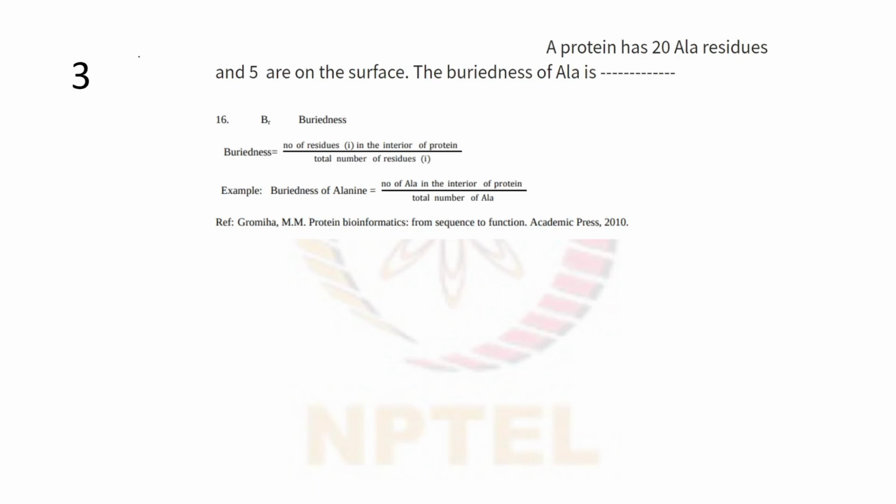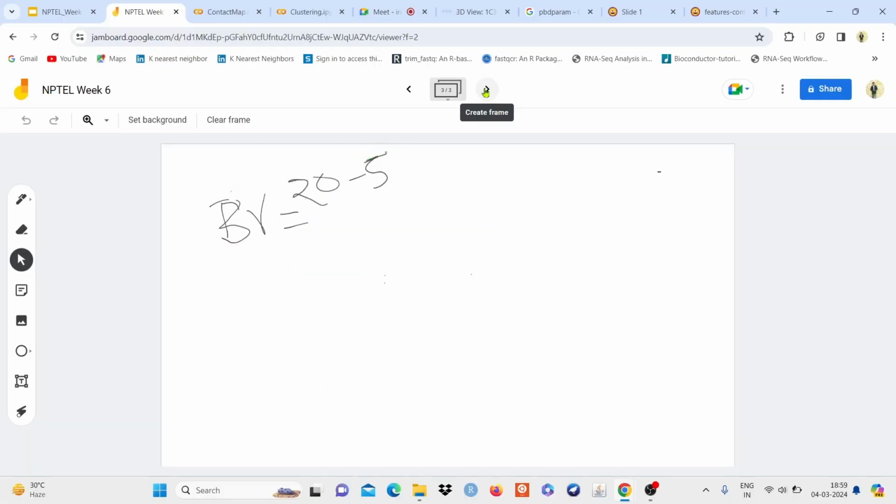Make a note here: I told 5 residues on the surface, but buriedness deals with the interior of proteins. So how do we get the number of residues in the interior? Total alanine residues minus exposed, divided by total residues, times 100.